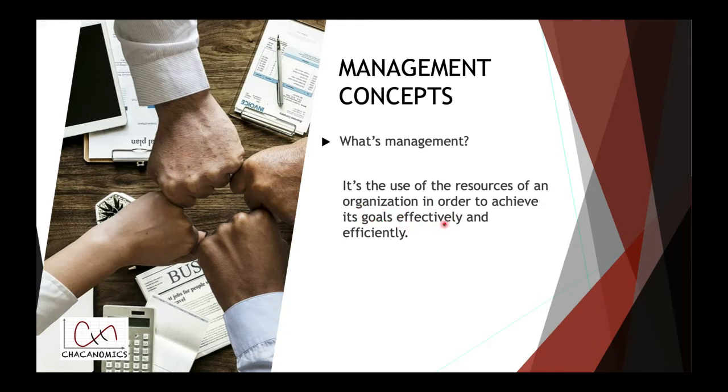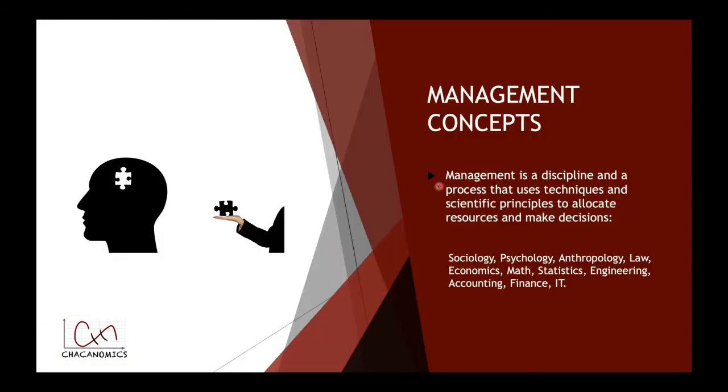This means that we have to make things right. Things have to be done right and properly and efficiently. This means that we have to do it with the least resources possible. So effectiveness is doing things right. Efficiency is doing things with the least resources possible.